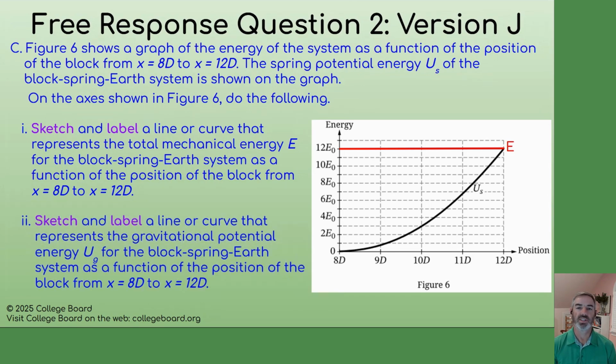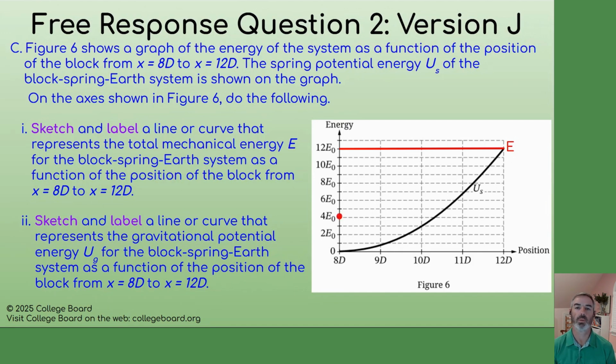The second part says to, again, sketch and label a line or a curve that represents the gravitational potential energy, UG. So we're going to label our graph UG for the block spring Earth system as a function of position for the block from 8d to 12d. Well, we know at 8d, it has a height that is equivalent to an energy of 4 E naught.